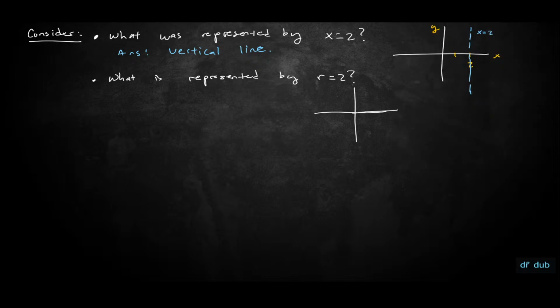So the distance is 2. The angle is unknown, or it can be anything, just like y was anything up in the vertical line. The angle here can be anything, so this is going to be a circle of radius 2. So the answer is a circle of radius 2 centered at the origin.